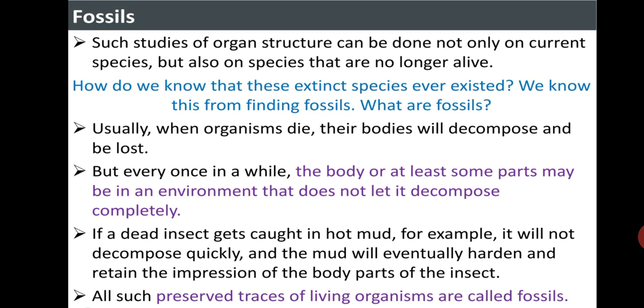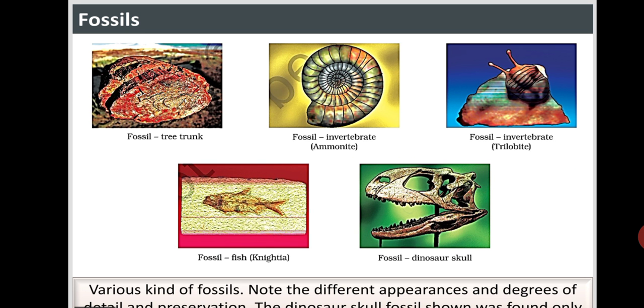Not only parts like the leg, even the thinnest parts like a feather can leave an impression on hot mud or any other medium, and it will be retained for a longer duration. All such preserved traces of living organisms are called fossils.